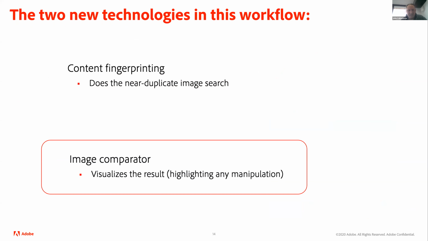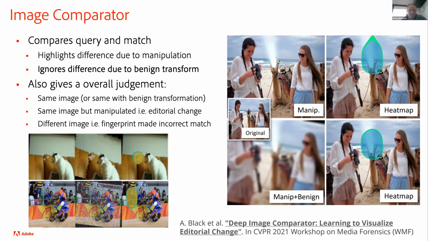The other technology is this image comparator technology, which is comparing the query image and its top one match, and attempting to highlight areas that are different due to manipulation of the content, but it wants to also ignore areas that are different due to these benign or non-editorial transformations. So you can see some examples here on the right.